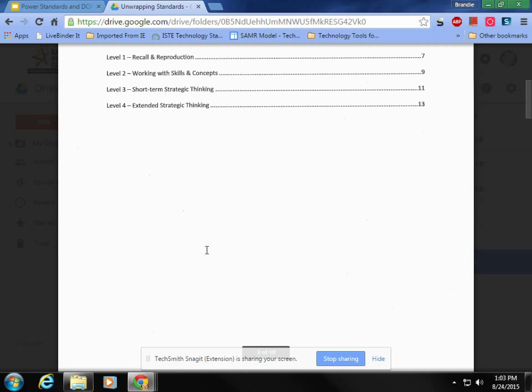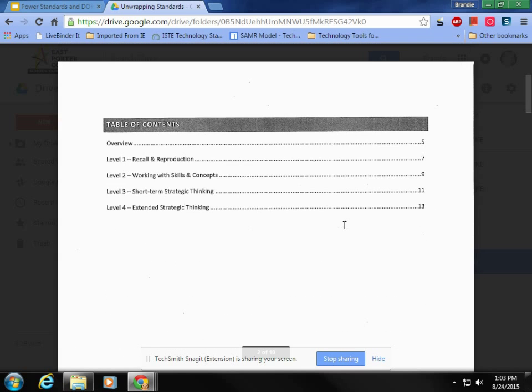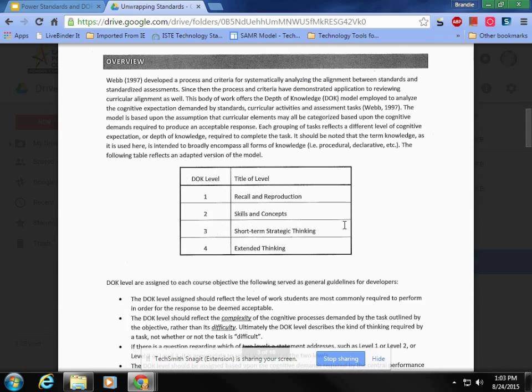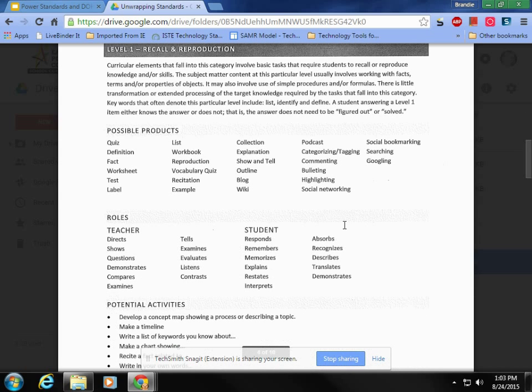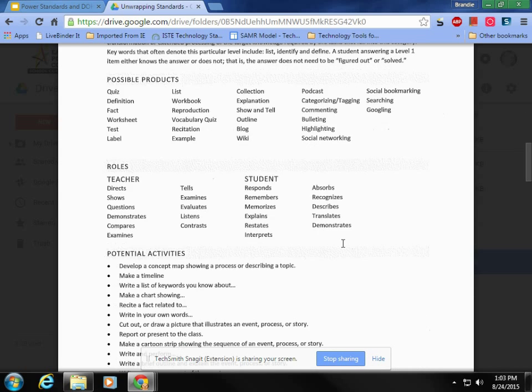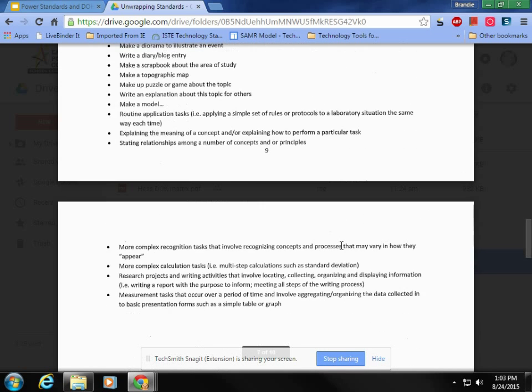I borrowed it from the internet. So it's mde.k12.ms.us. And this again goes into very specific details about each level and potential activities. So I thought this would be of a benefit to you as well.